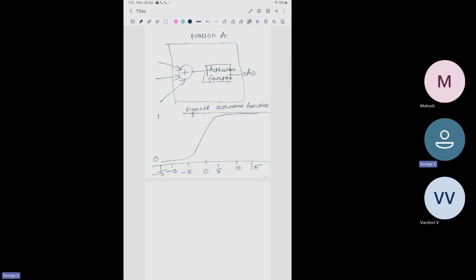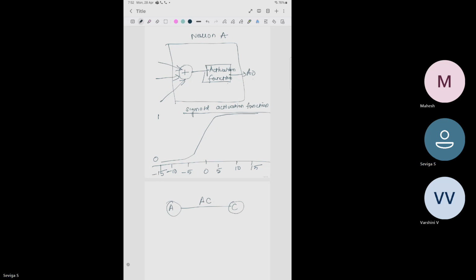So if you look at the neuron C in our original network, let us assume for now only this connection. For the time being, we will ignore B and D. We will assume only this connection in our neural network.